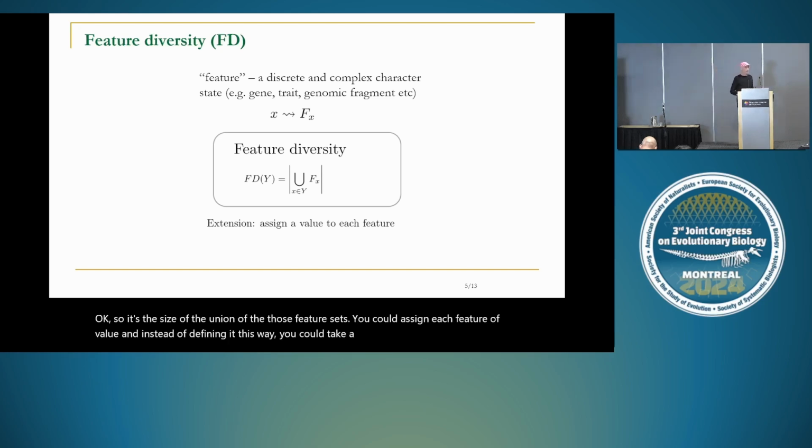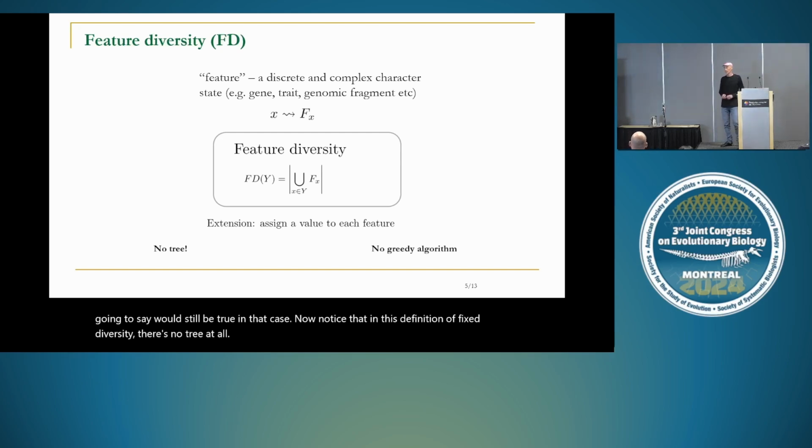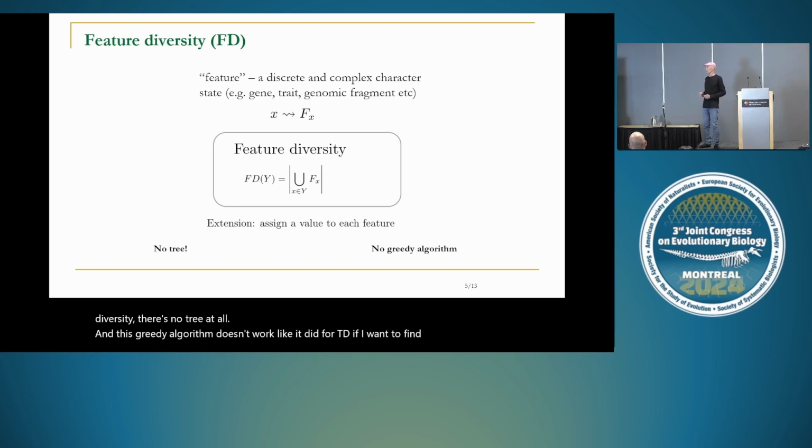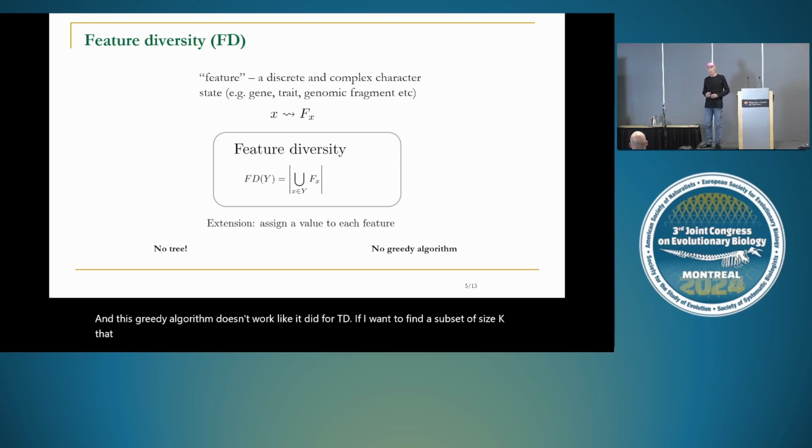Pretty much everything I'm going to say would still be true in that case. Now notice that in this definition of feature diversity, there's no tree at all. And the greedy algorithm doesn't work like it did for PD. If I want to find a subset of size k that maximizes feature diversity, it turns out this is an NP-hard problem, so there's probably not even a polynomial time algorithm for that.